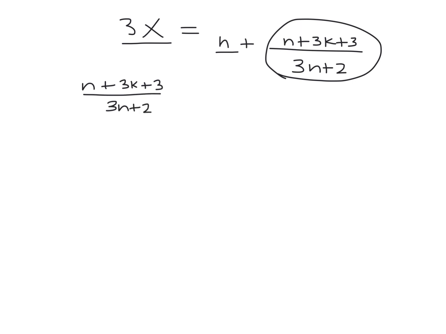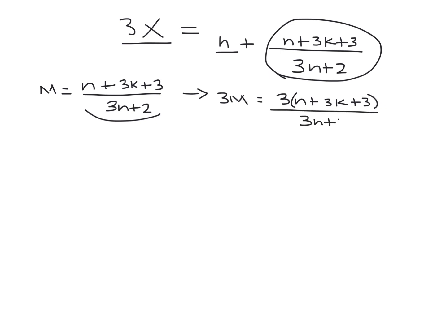I think we've got to go through the same process here. Let's call this m, some integer. And then again, let's multiply it by 3, and let's see if we can break this up into some integer plus some fraction. So this becomes 3 times the quantity n plus 3k plus 3, all over 3n plus 2. Now let's expand. So 3n plus 9k plus 9 over 3n plus 2.